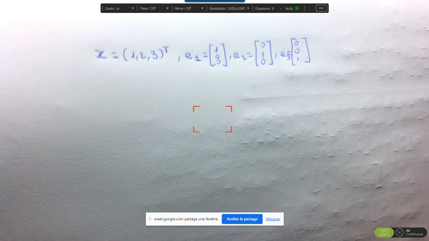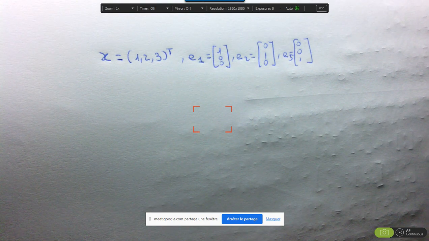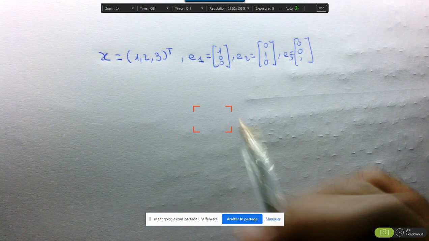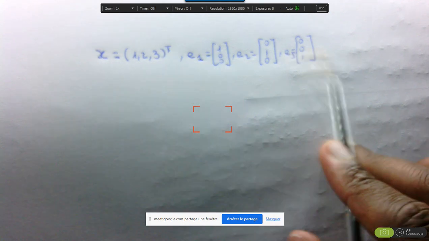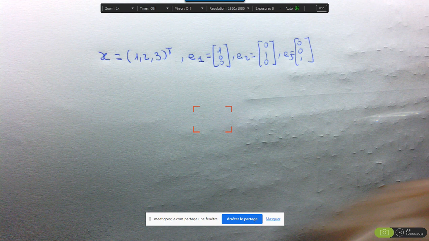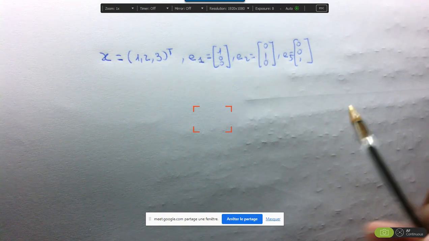So what we want to see is whether there exist coefficients alpha such that, if all of the alpha coefficients forming a linear combination of those four vectors must be zeros, then we can say that these vectors are linearly independent.